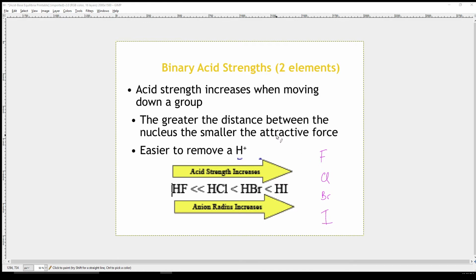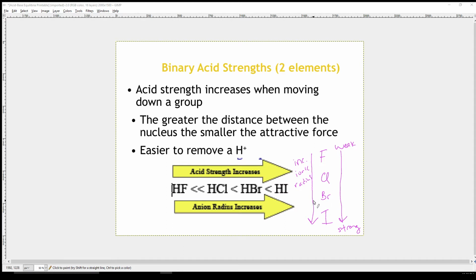And our acid strength will increase as you move down a group. Strong, weak. And this has to do with the size of the ion. And if you go down a group, you are increasing its ionic radius.